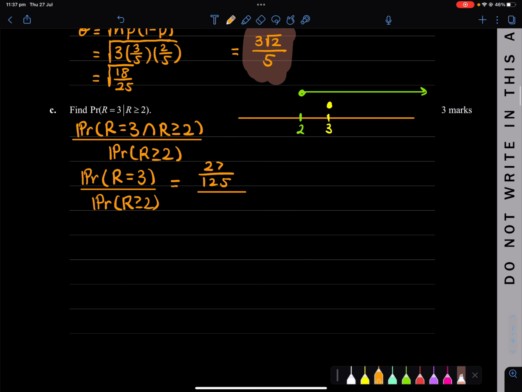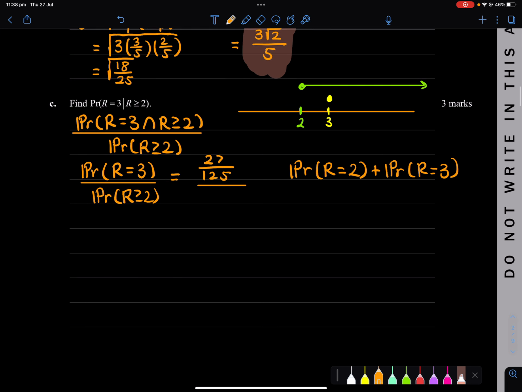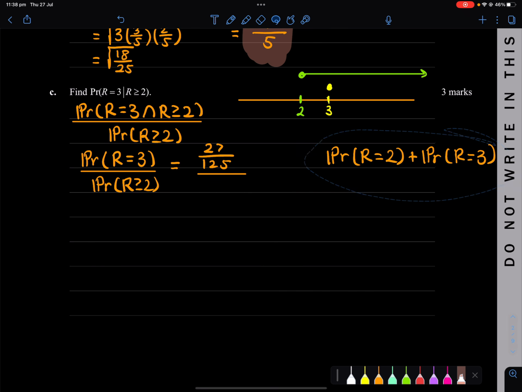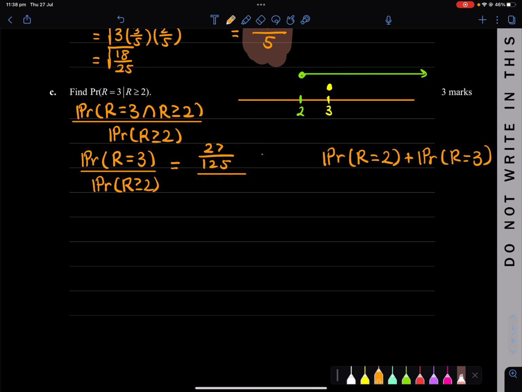Okay, we need to find the probability that R is greater than or equal to 2. So to find that, we can say R is equal to 2 plus the probability that R is equal to 3. To do that, I should write over here that this is the probability of R greater or equal to 2.